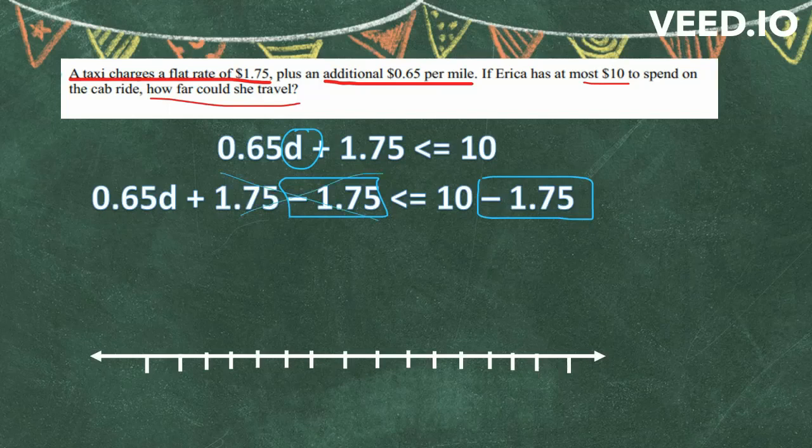Both of them cancel out. We have 0.65d left on the left hand side.